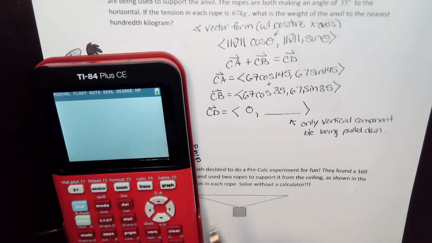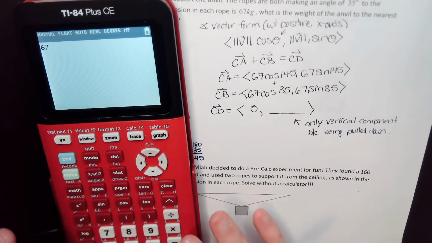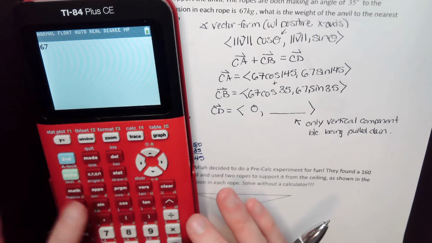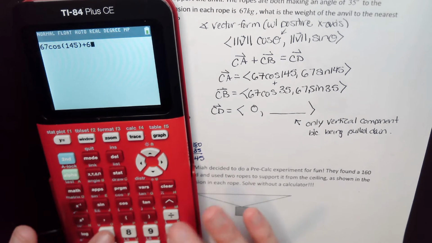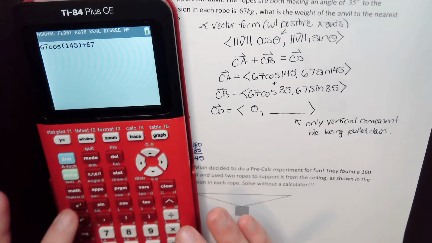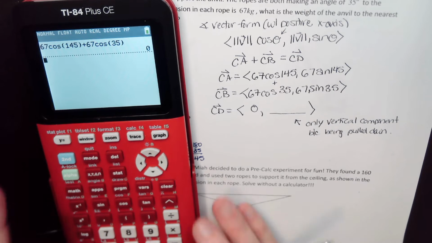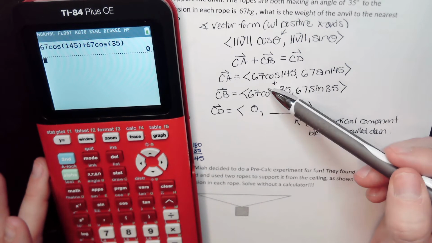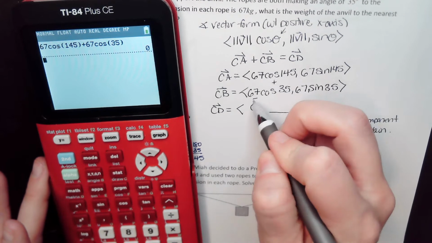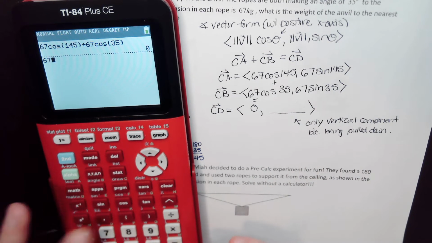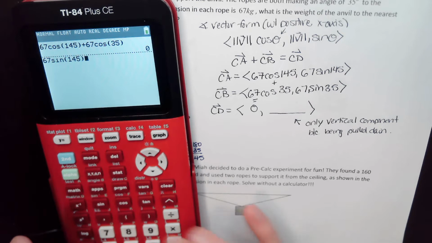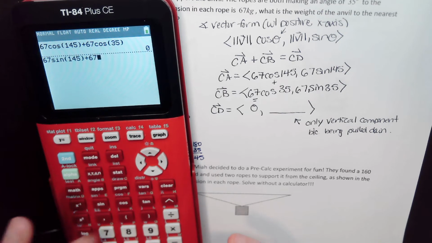So we've got 67 times the cosine of 145, close my parenthesis, plus 67 times the cosine of 35. And that gives me 0. So you can see here those two add up to 0. Now let's do the other side to figure that out. So 67 times the sine of 145, make sure you close your parenthesis, plus 67 times the sine of 35.